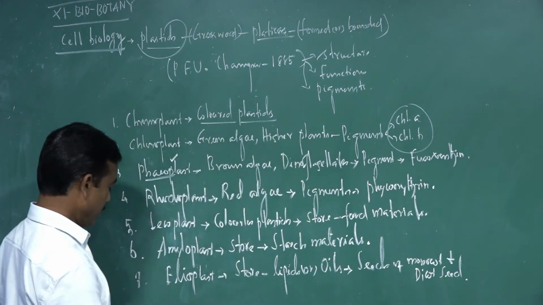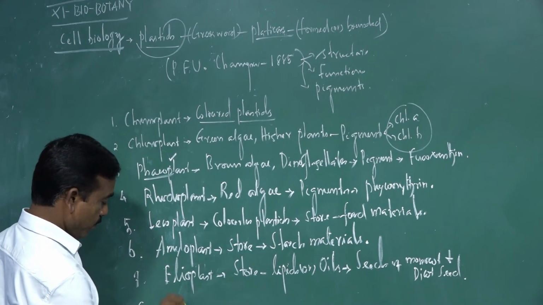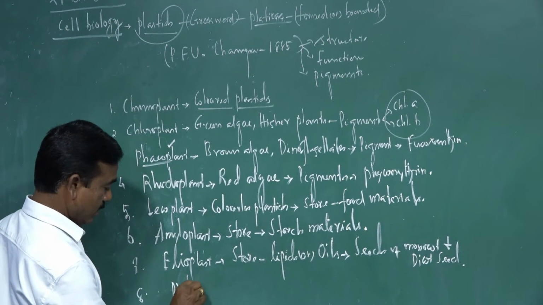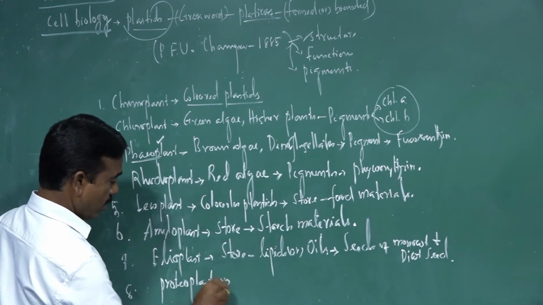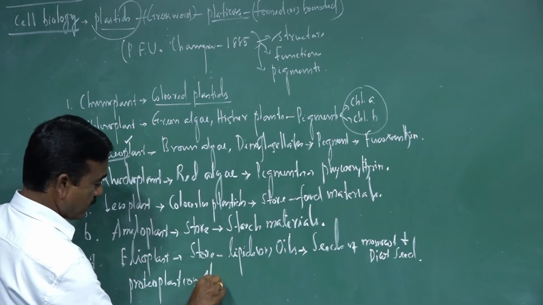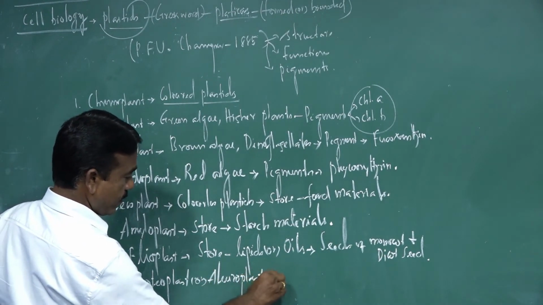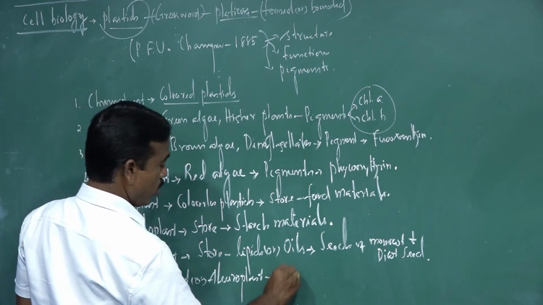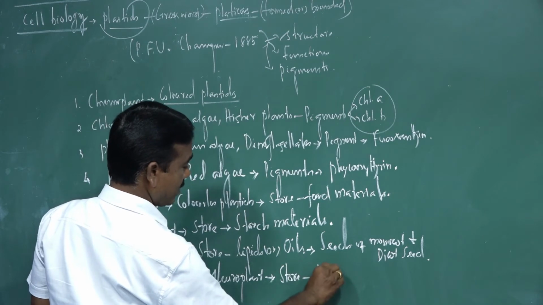The last plastid is commonly called proteoplast, or also called aleuroplast, which is responsible for storing proteins.